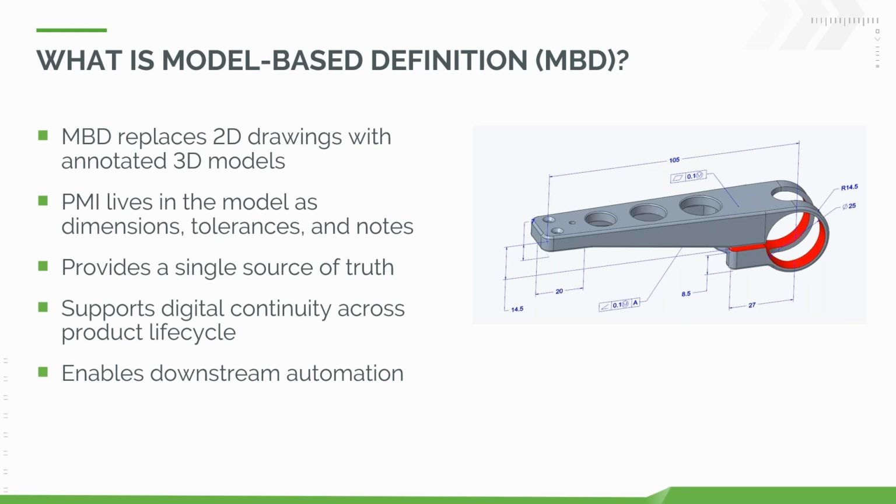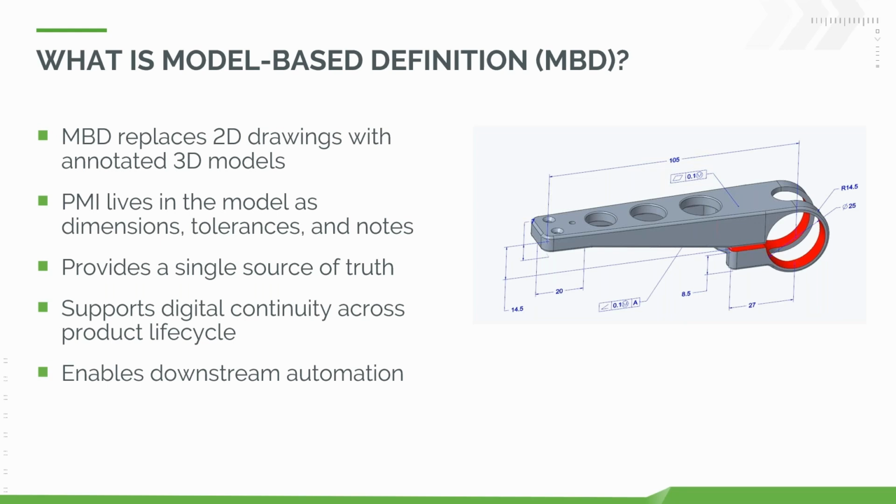Okay, so there are benefits, of course. The PMI lives in the model: dimensions, tolerances, notes. Again, this is just reiterating what I said before, but it provides a single source of the truth and continuity across the life cycle. So we don't have two separate documents to manage.